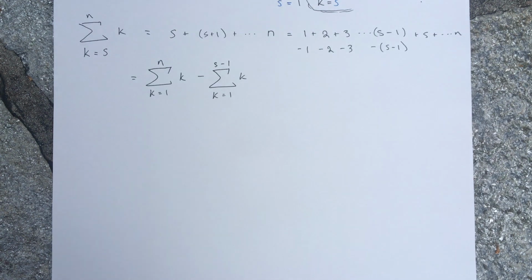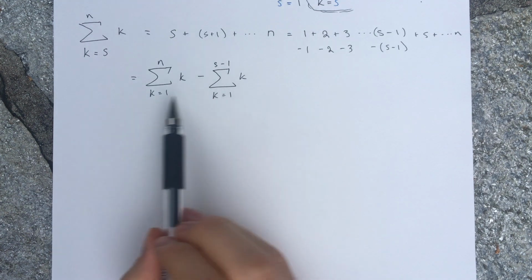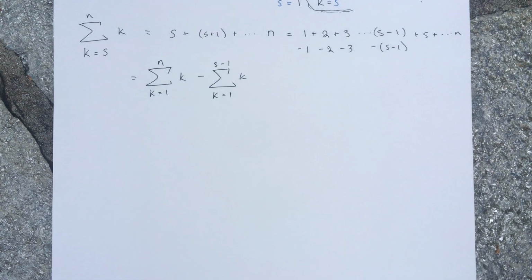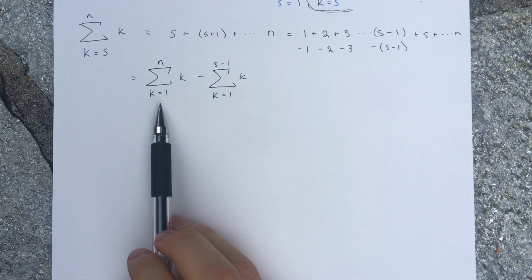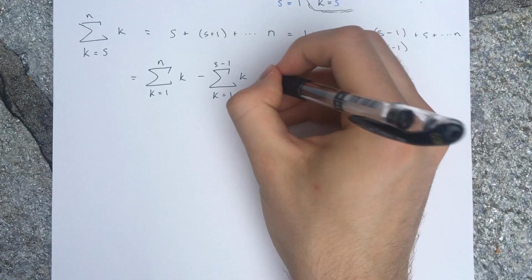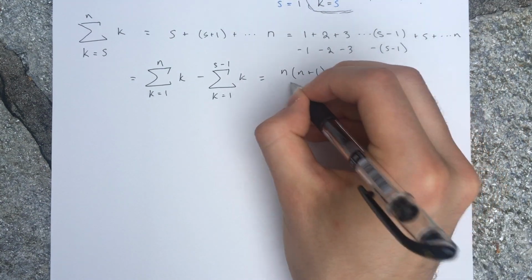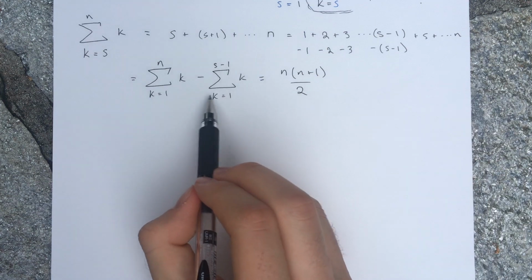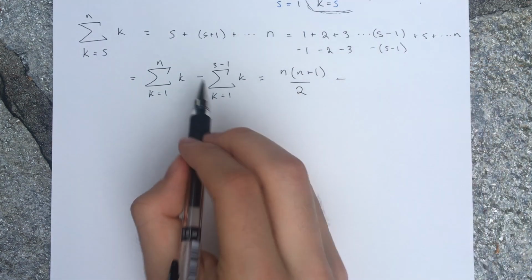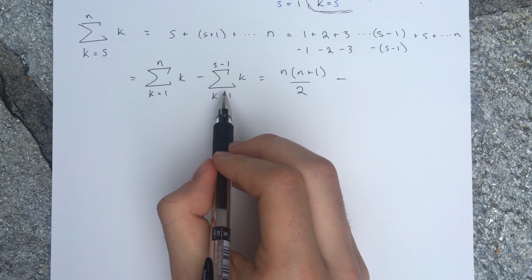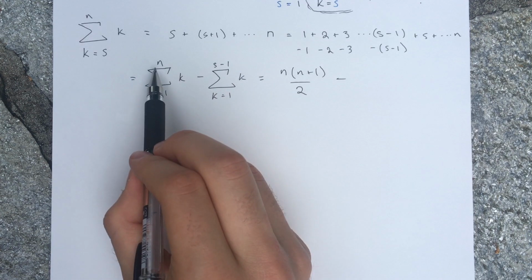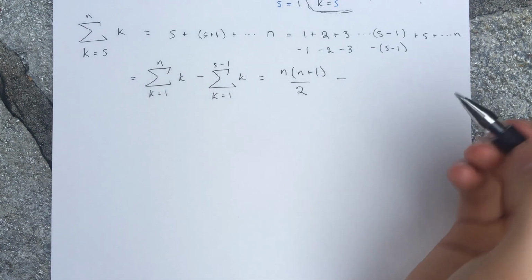Okay, and now, wait a minute. We know formulas for this. This is just, if you saw in the last video, this is just n times n plus 1 over 2. And this one, we'll add a subtraction for that. This is going to be the same thing, but we replace n with s minus 1.